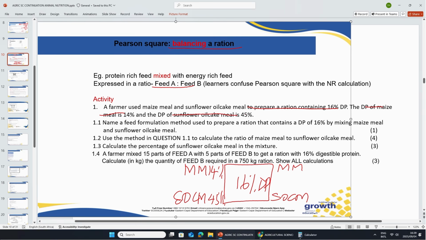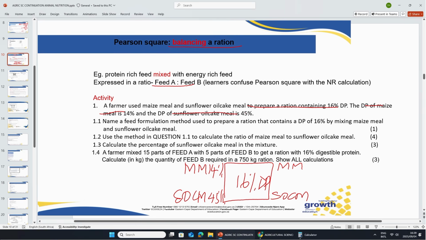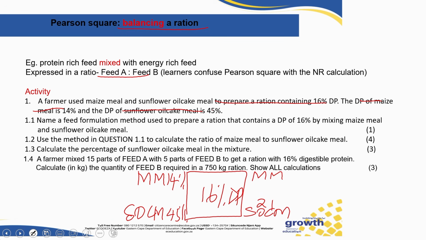We calculate diagonally. 16 minus 14, we always minus the small number from the big number. 16 minus 14, so it's 2 parts. And then 45 minus 16. On a calculator, I'm finding 45 minus 16 is 29 parts.